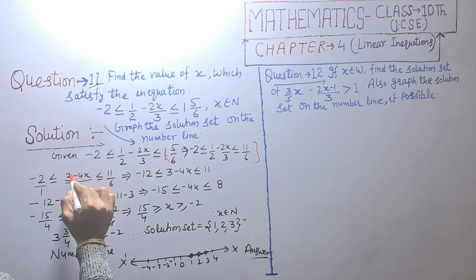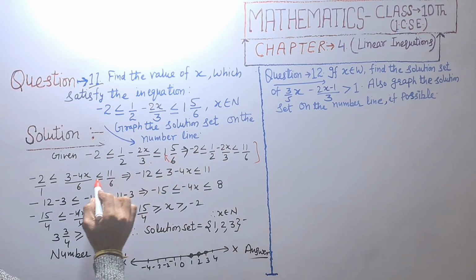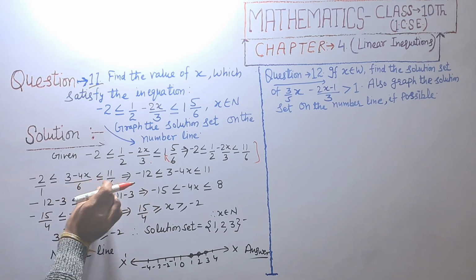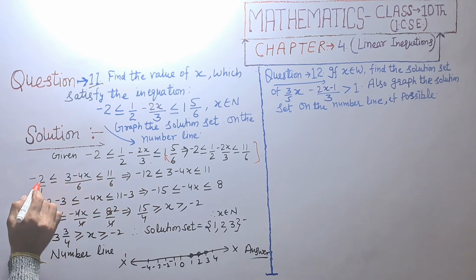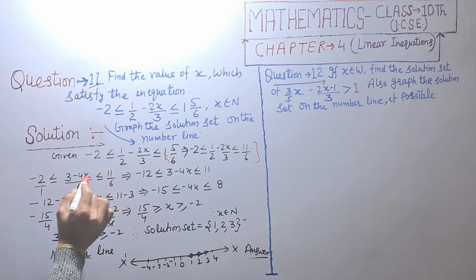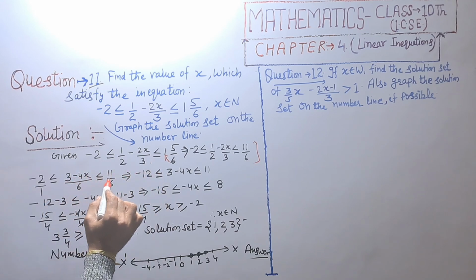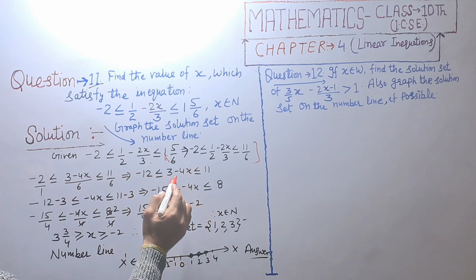So 3 multiplied by 1, 2 multiplied by 2x gives -4x, (3 − 4x)/6 ≤ 11/6. Multiplying 6 by -2 gives -12, and 6 is cancelled, so 3 − 4x ≤ 11.